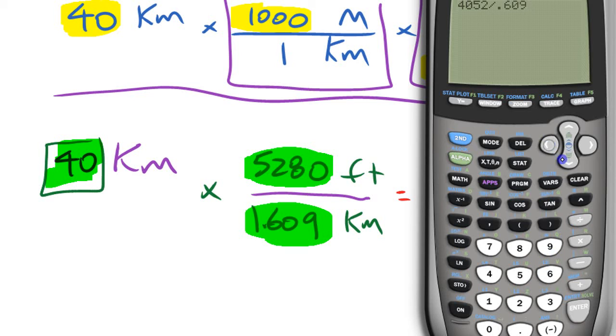Let's try again. Okay, that's a big number, as you'd expect, because 40 kilometers is a lot of feet. 131262, let's call it.